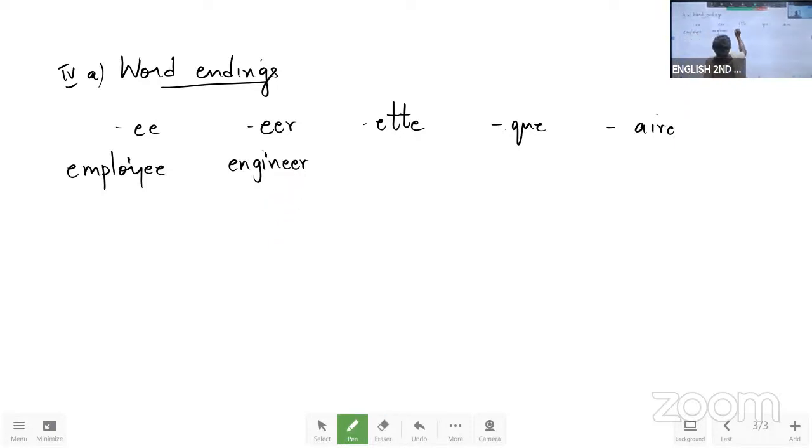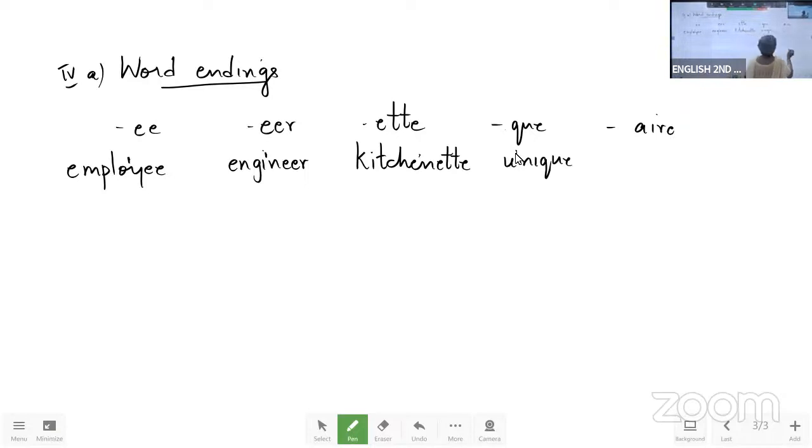Kitchenette. Again, kitchenette. Unique. This is a disyllabic word. Unique.